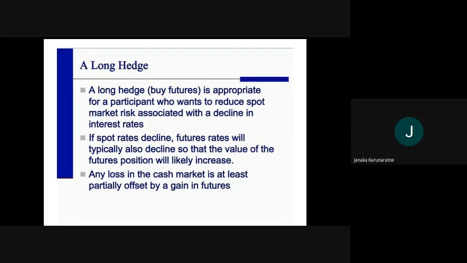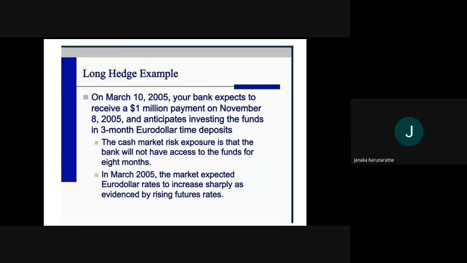Interest rate goes down. Yeah, interest rate goes down.